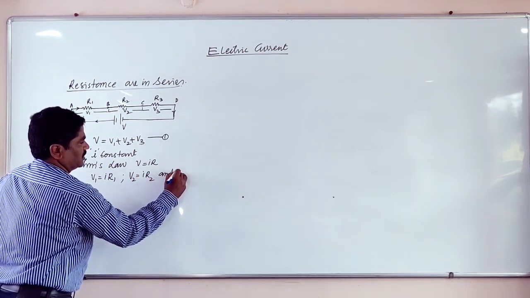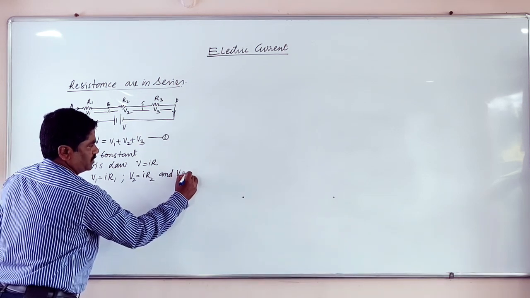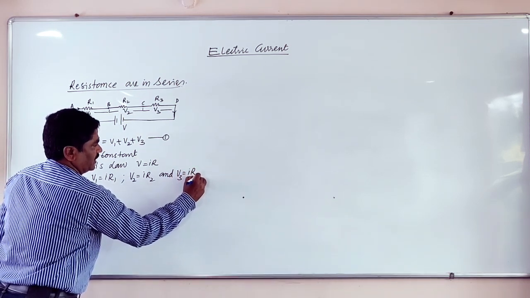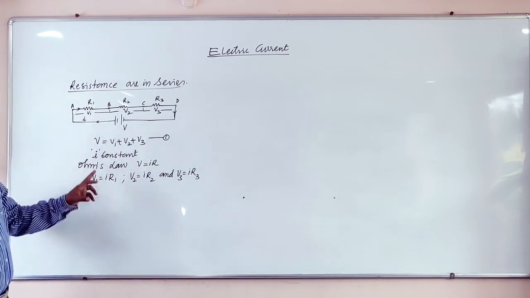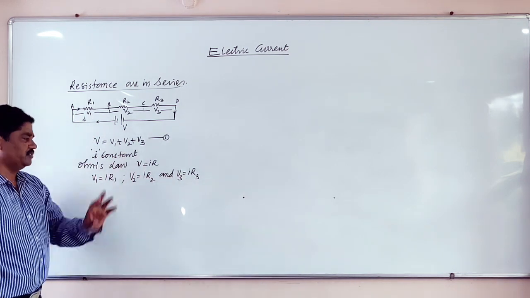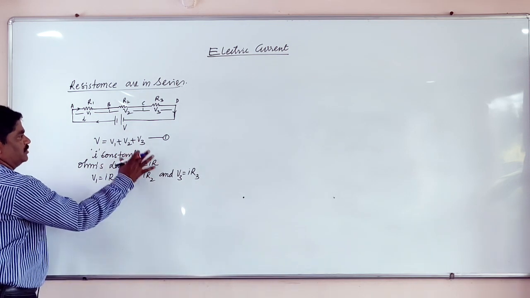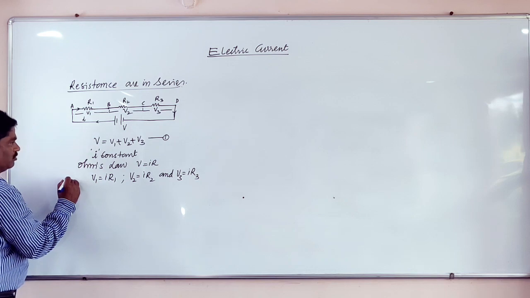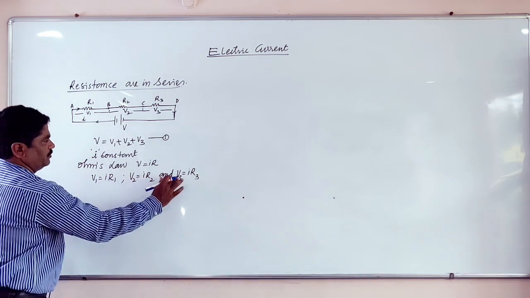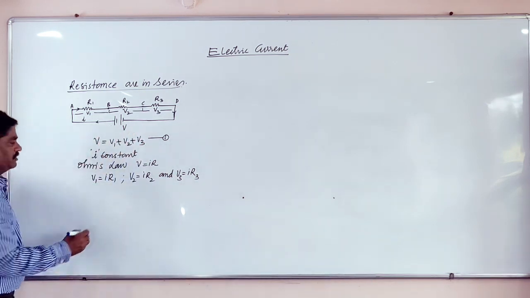And across the third resistance, the potential difference V3 is equal to IR3. All these conductors have the same constant current. These values can be substituted in equation 1.